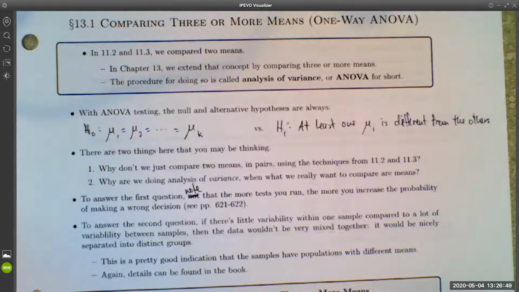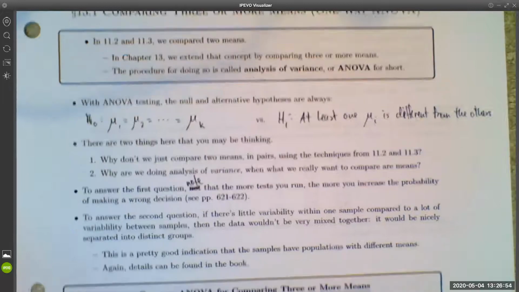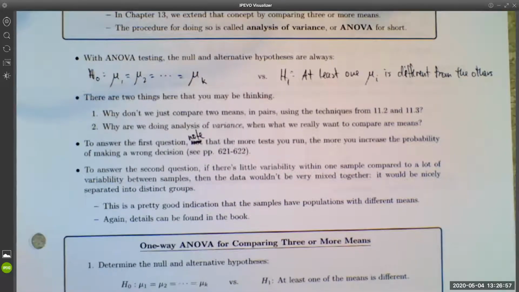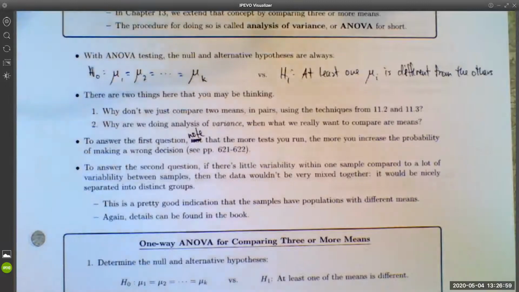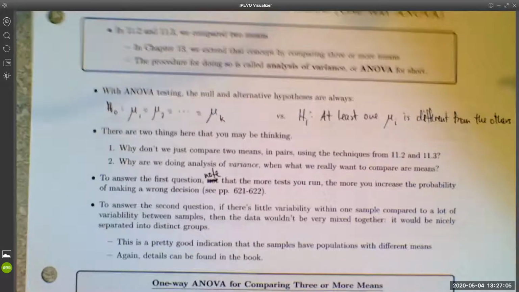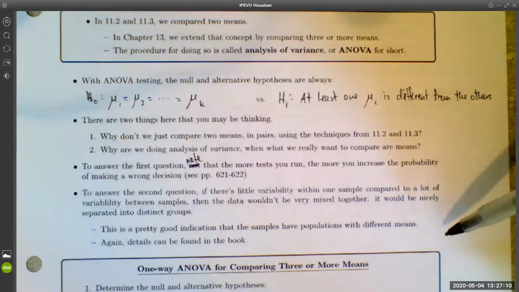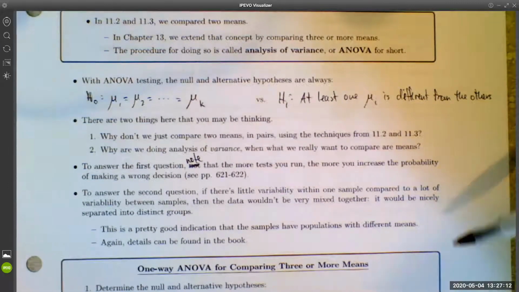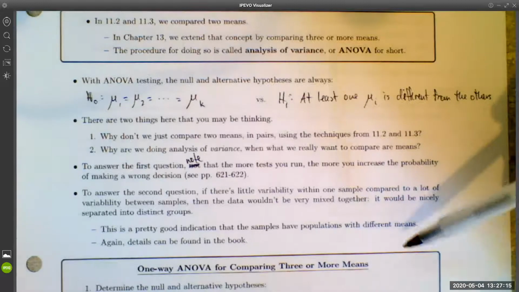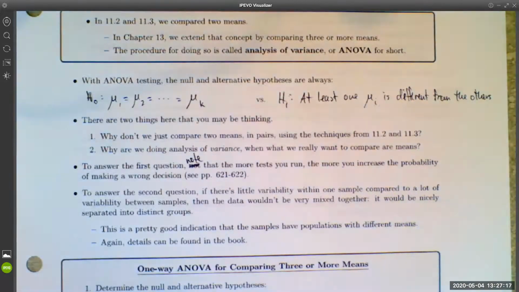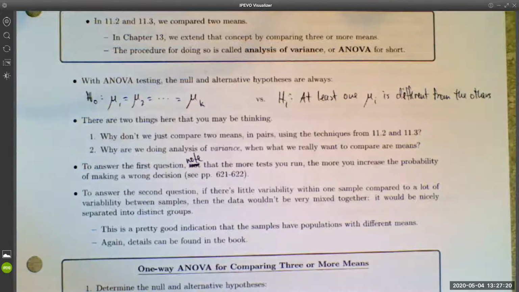Now to answer the second question. Your book has some pretty good visualization of this, which I didn't print off, but you can look it up in your textbook if you're interested. But basically, the variances that we're comparing are the within sample variances of each individual sample to the overall variability between the samples.